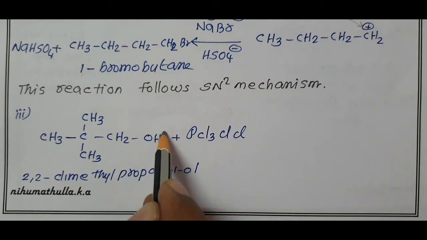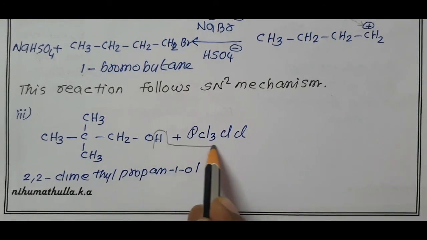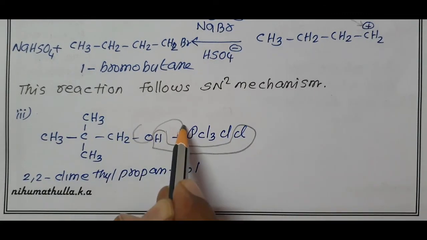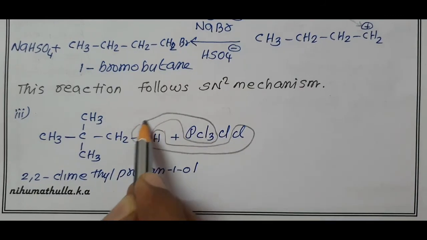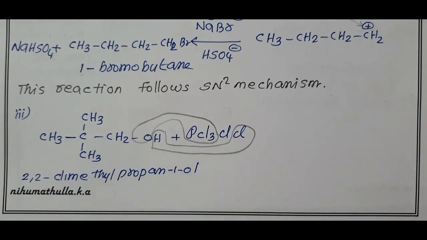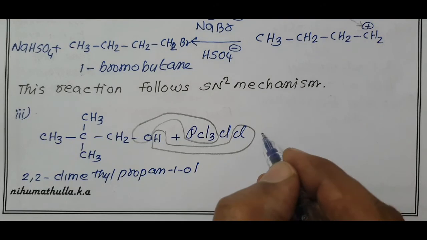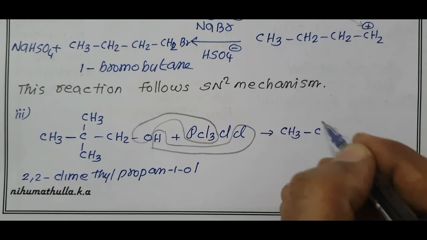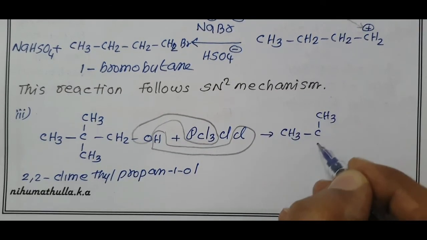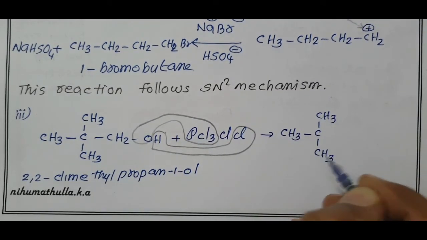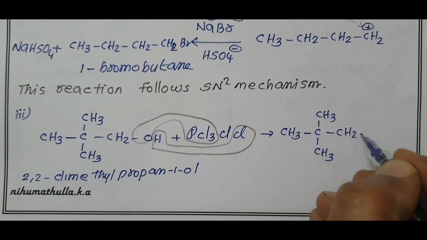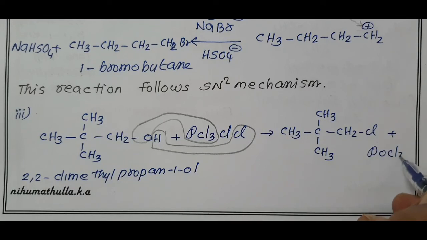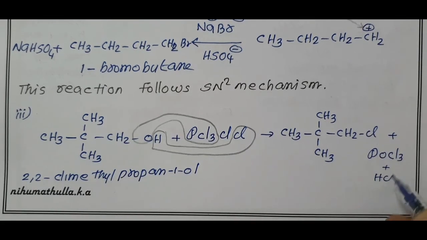OH undergoes reaction. 1 H and 1 Cl is removed as HCl. This oxygen and PCl3 is removed as POCl3. 1 chlorine is added to that carbon atom and gives CH3, C, CH3, CH3. Here you have 1 CH2Cl plus loss of POCl3 and HCl.